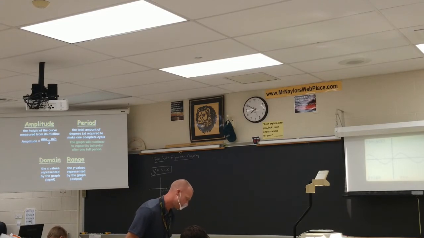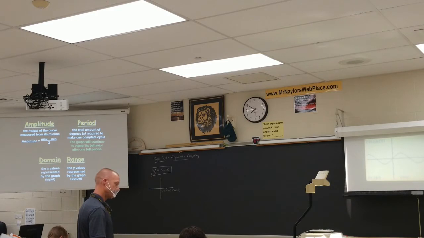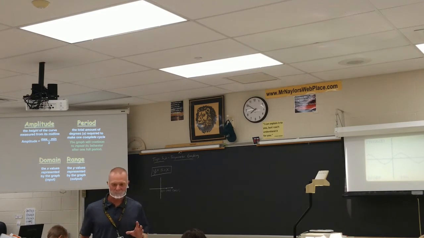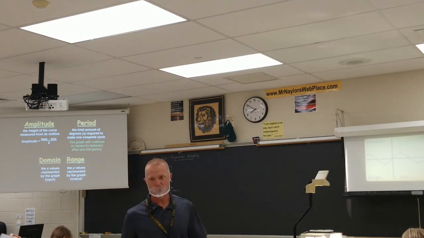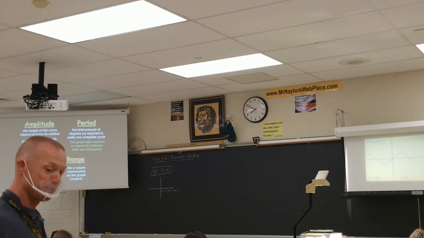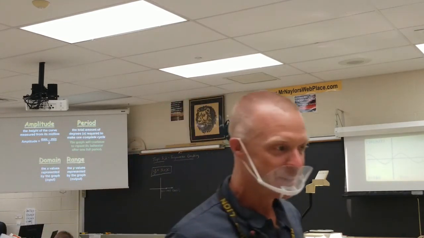Go ahead and just type in the sine of X right there. Make sure you hit zoom trig. Any other calculator concerns? It's normal to have some problems, okay? But you'll work them out.